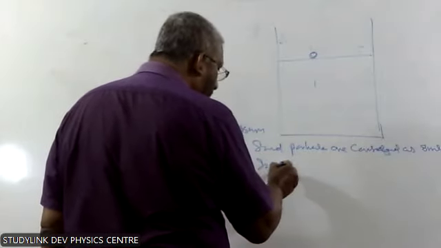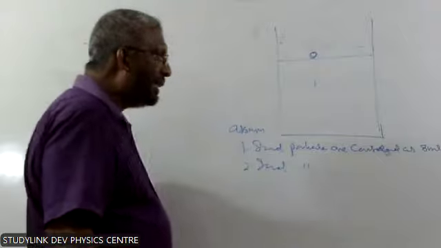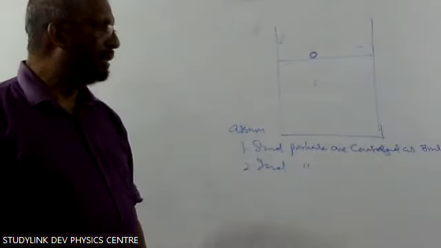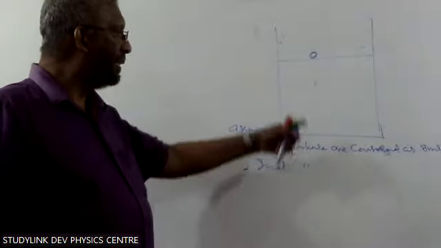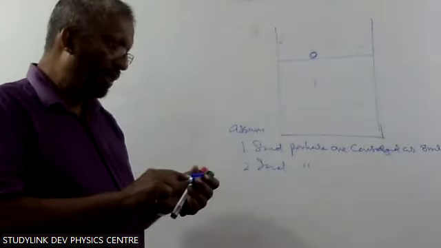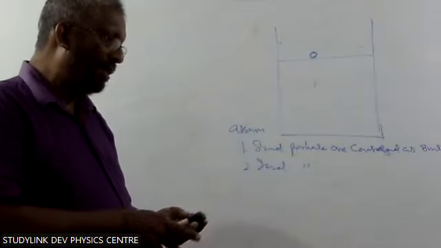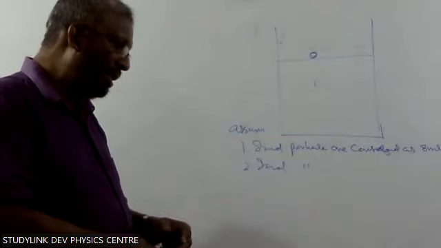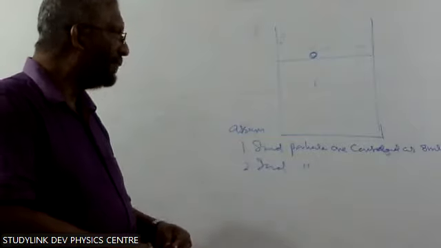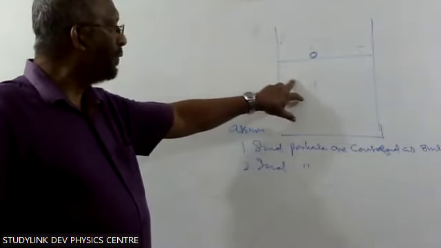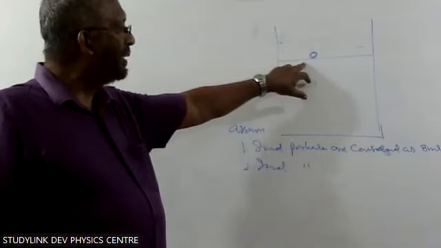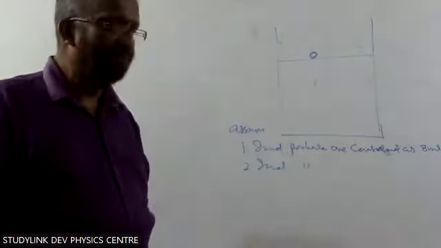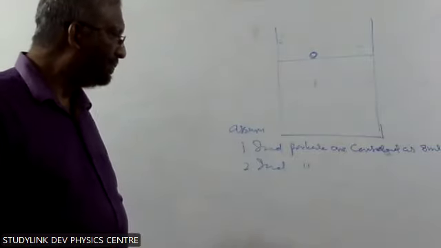Then sand particles attain terminal velocity from the free surface. That means there is no need to fall downwards, and we consider that it gets the terminal velocity from this point. I'll explain that.